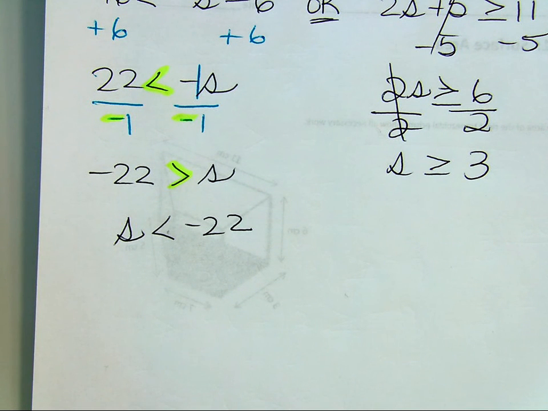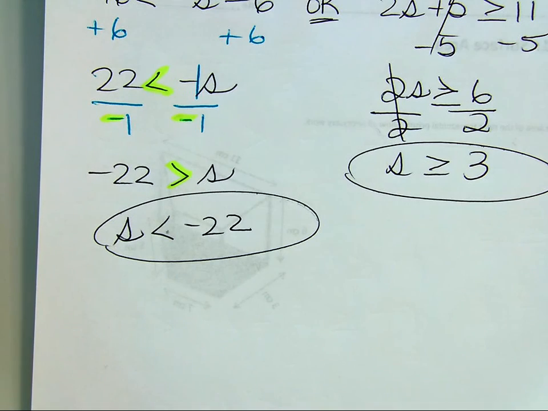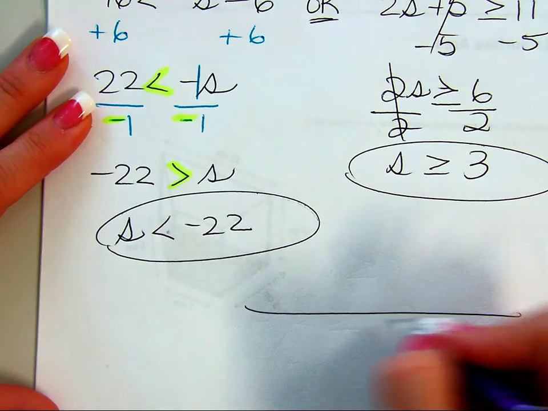And now what an OR does is it says, okay, change your frame of mind now. Remember, I'm not looking for overlap. I'm just asking you, give me a number that is either less than negative 22 or greater than or equal to 3. So let's see what that would look like here.